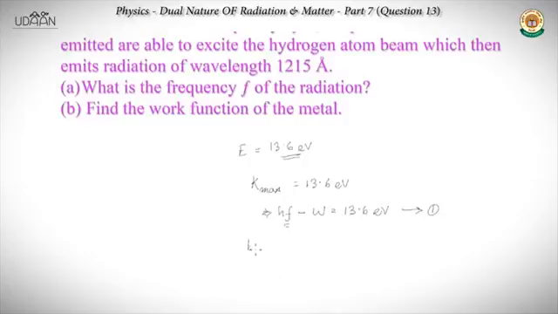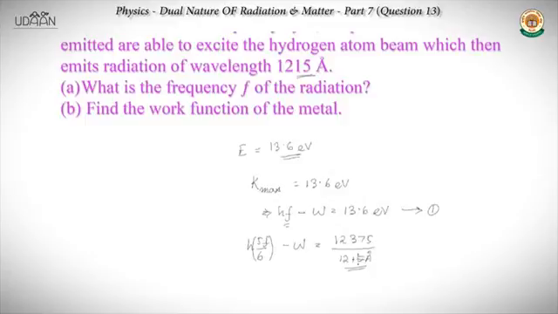Next case is given: h into 5f by 6, this is the new frequency, minus the work function, equals 12375 by 1215 Angstrom. 1215 Angstrom is the wavelength of the radiation emitted by the hydrogen beam.